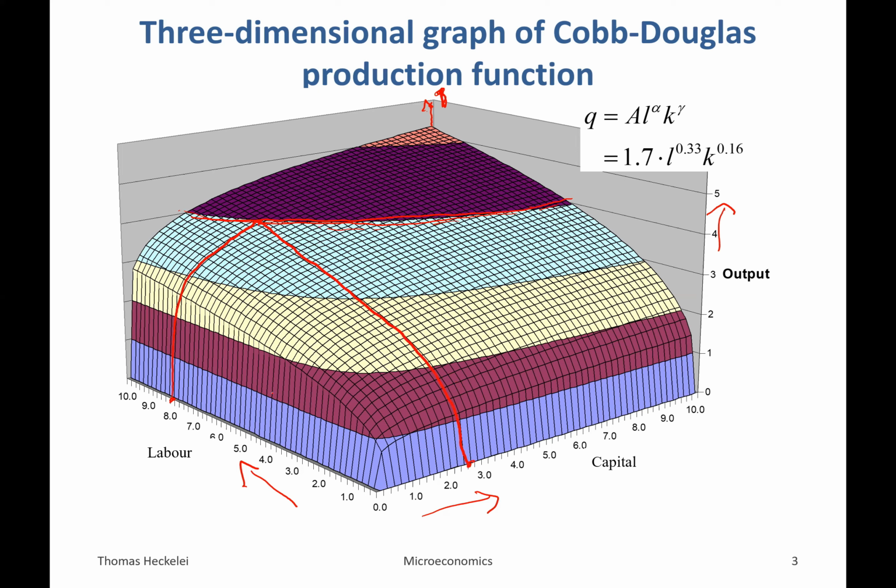However, we could also decrease the labor input to 7, around here, and use more capital, around 5. We will also reach the same level of output. So that's to say the production function has its flexibility, just like you have many combinations of goods that bring you the same level of utility. You could also have many alternative combinations of input to bring you the same level of production output.